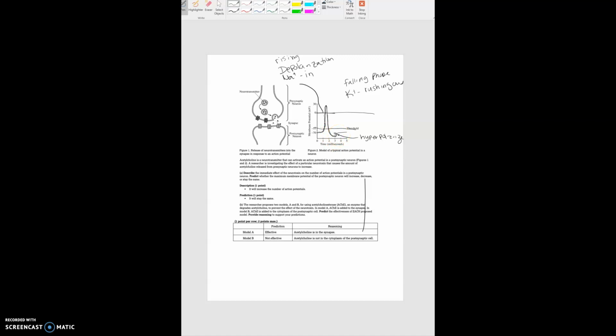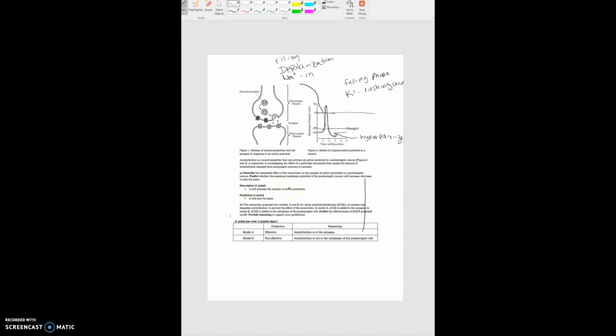And so here, describe the immediate effects of the neurotoxin on the number of action potentials in a postsynaptic neuron. Predict whether the maximum membrane potential of the postsynaptic neuron will increase or decrease. So here, it will increase the number of action potentials.